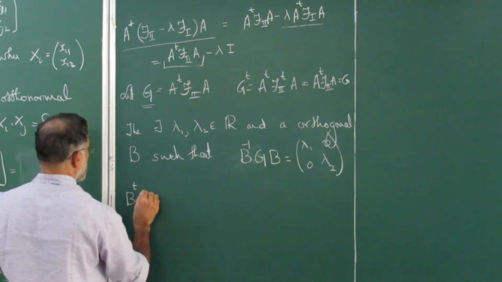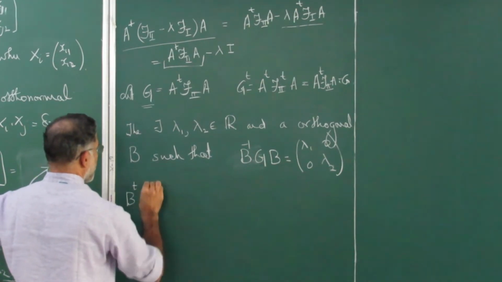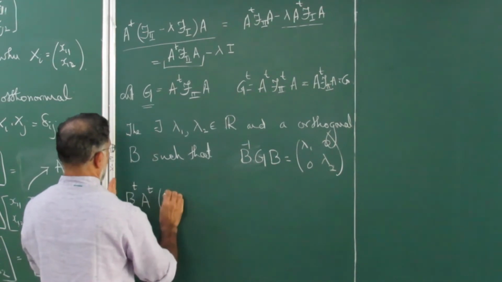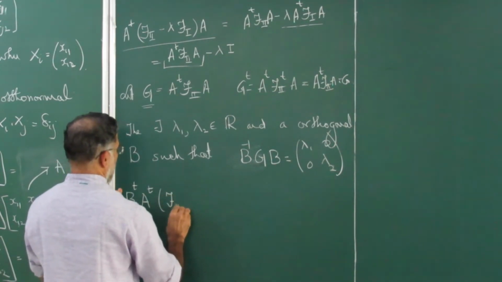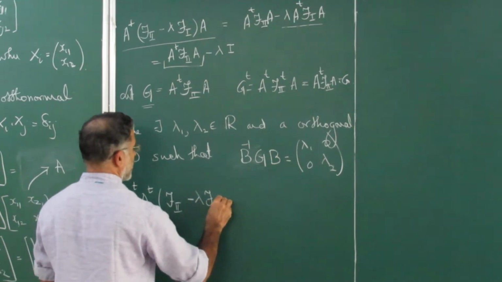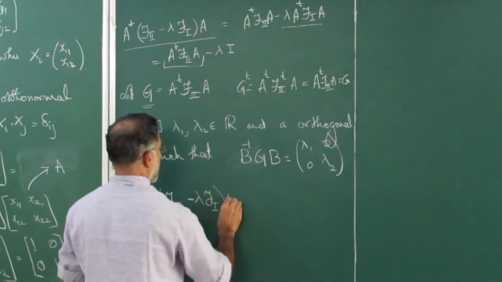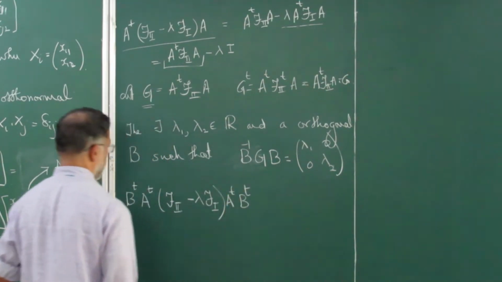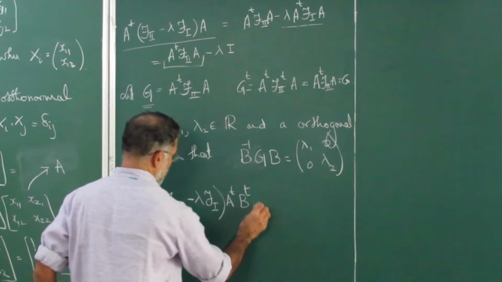B transpose A transpose F2 minus lambda F1, and then A B. This is what we are doing.